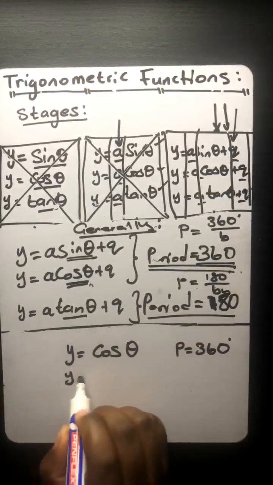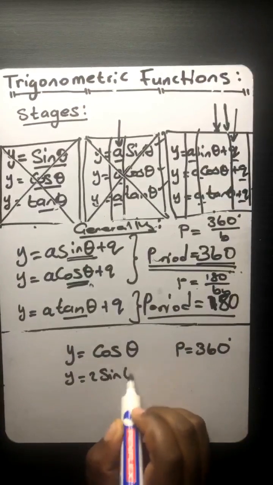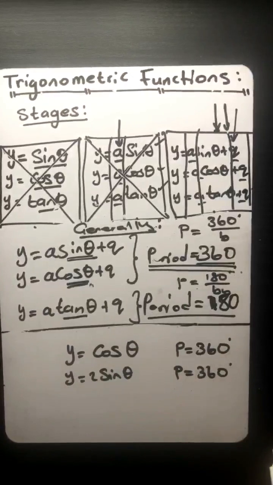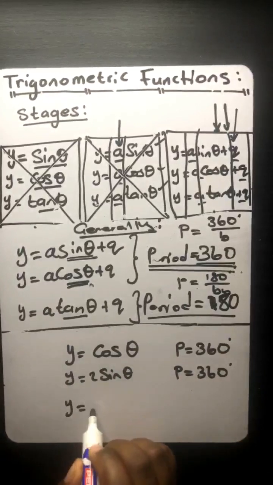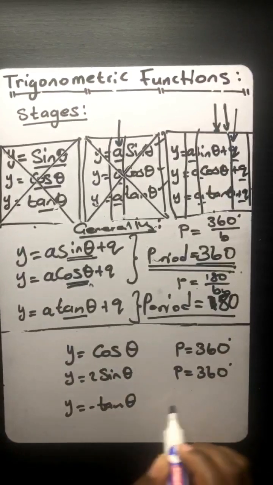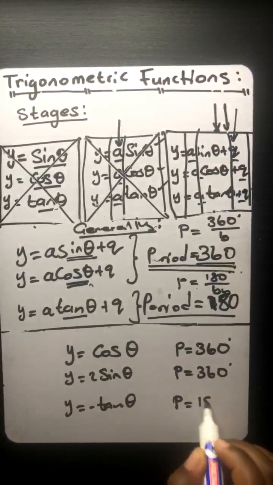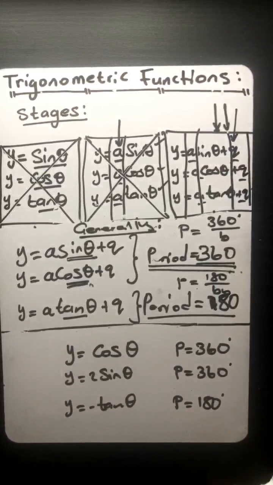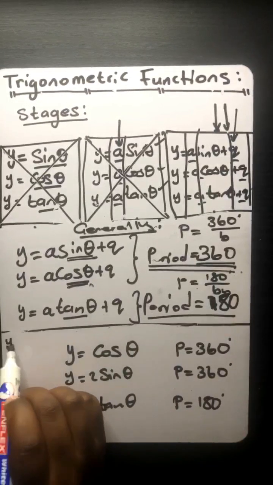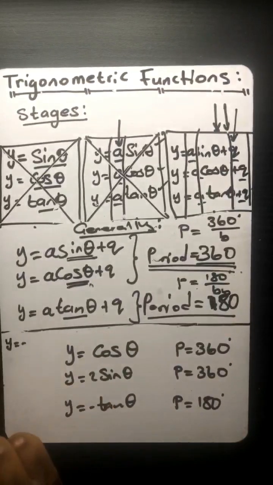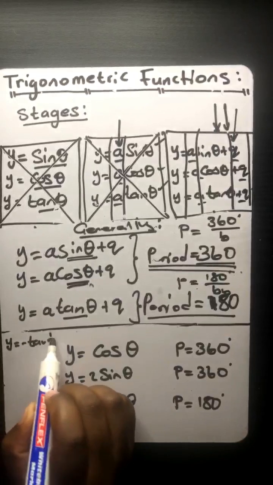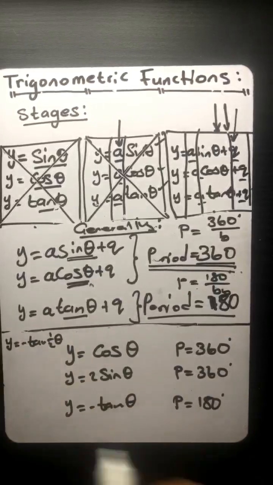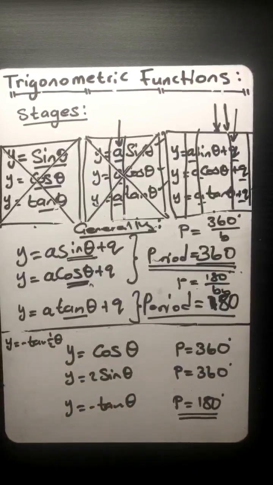Also for this one, the period is equal to 360 degrees. And then they say for this one, it's equal to 180 degrees. And it ends there. And I'm telling you, in exam, you are going to have, let's say, negative tan 1 over 2 angle. And they say, what is the period for this one? And you're going to say the period is 180. And you get it wrong.